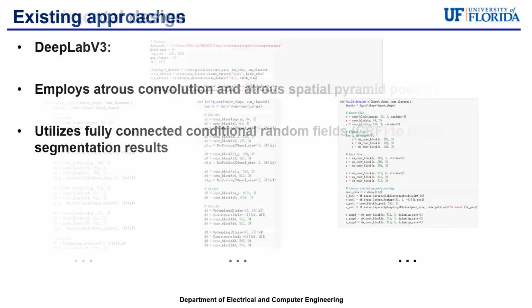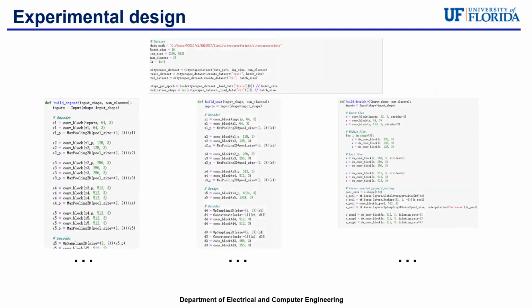DeepLab v3 has demonstrated strong performance on several challenging datasets, including our dataset. We conducted experiments on the Cityscapes dataset using the train and validation sets. The dataset contains 5,000 high-quality annotated images with 19 semantic classes. We first resized the images to 256 by 512 pixels and normalized them.